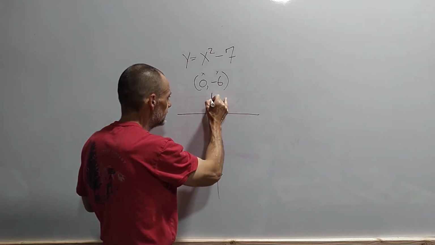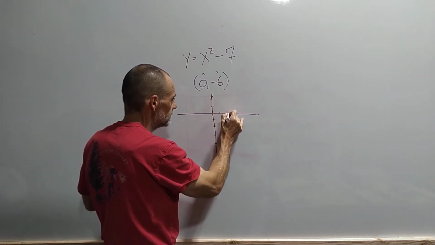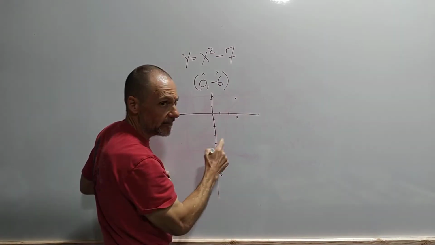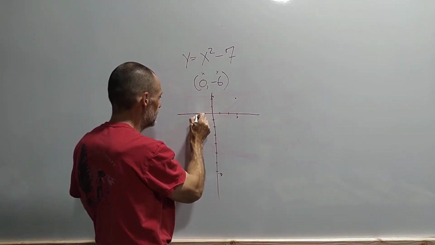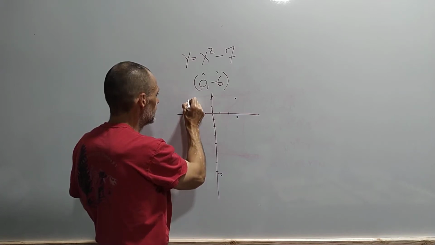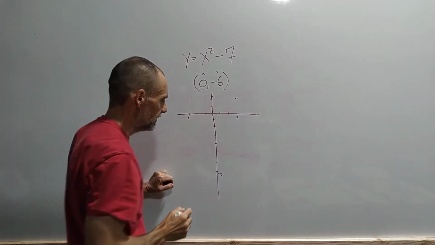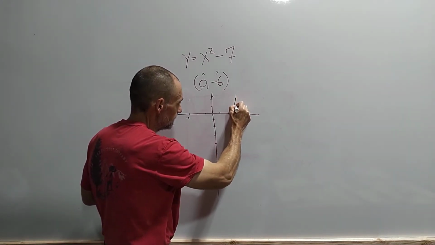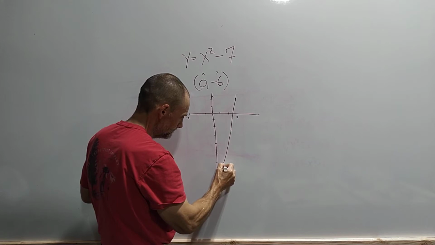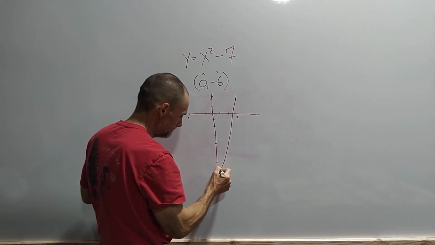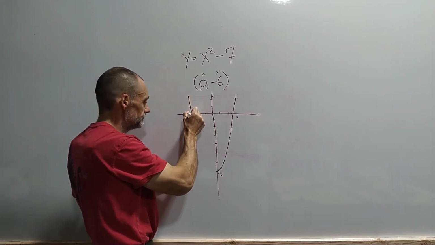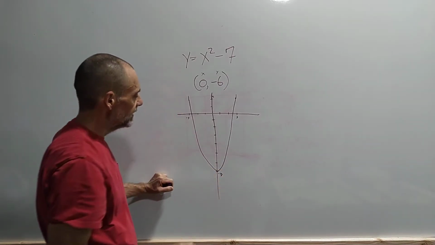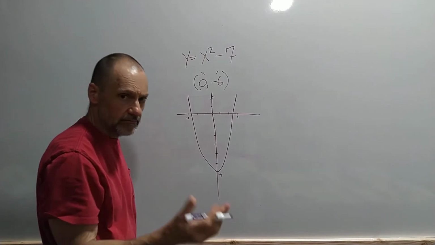Then 1, 2, 3 across, so this point is going to be on the path, and 1, 2, 3, that's negative 3, so this point is going to be on the path. And so this path is going to look something like that, right? Not very good, but the basic idea.